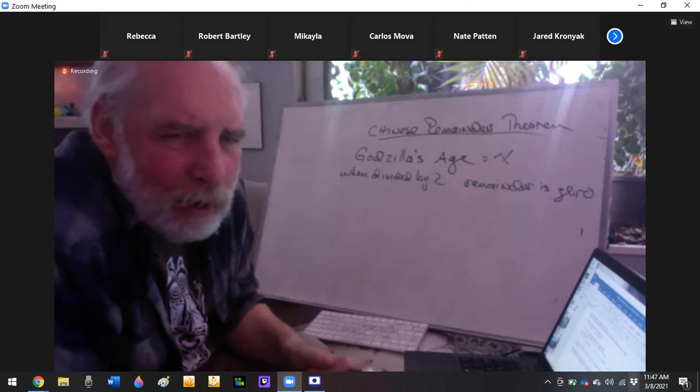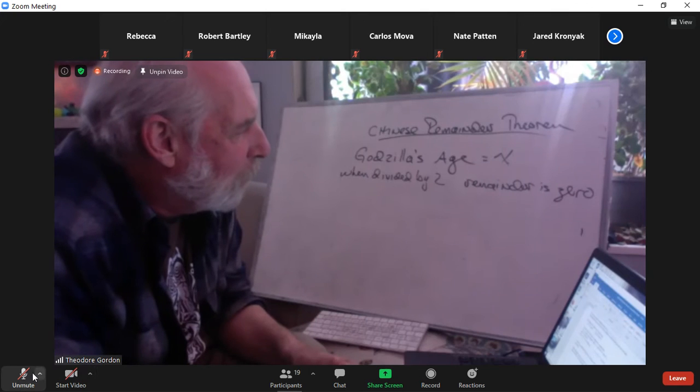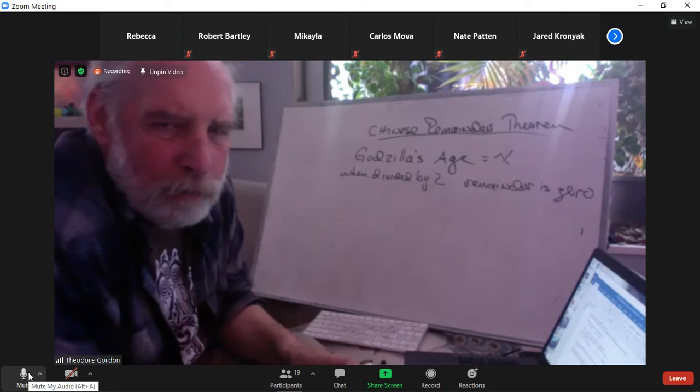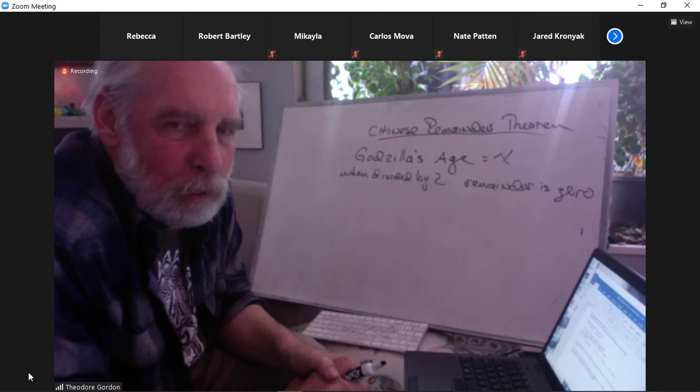So what does that tell us about Godzilla's age? When you divide Godzilla's age by 2, you get a remainder of 0. So what do we know about Godzilla's age so far? It's even. It's an even number.